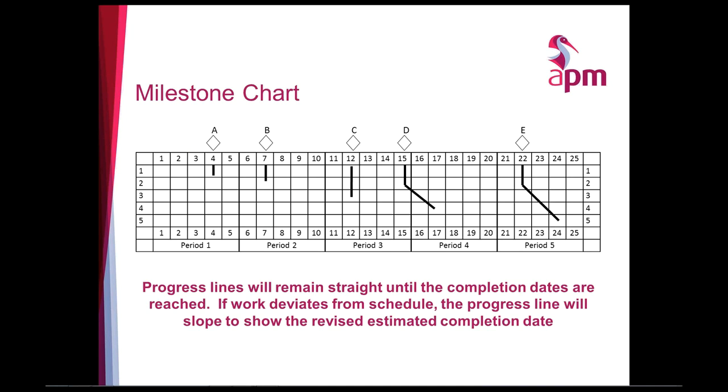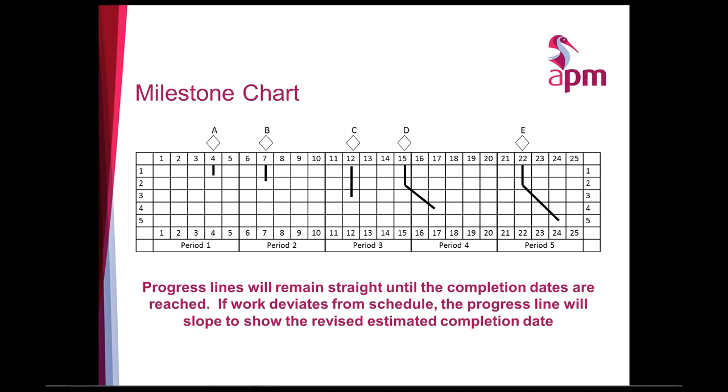In week 7 of period 2, we achieved the second milestone, which is milestone B and C. Milestone D was delayed, or wasn't achieved on time, and as you can see, it was actually achieved in week 17 of period 4.